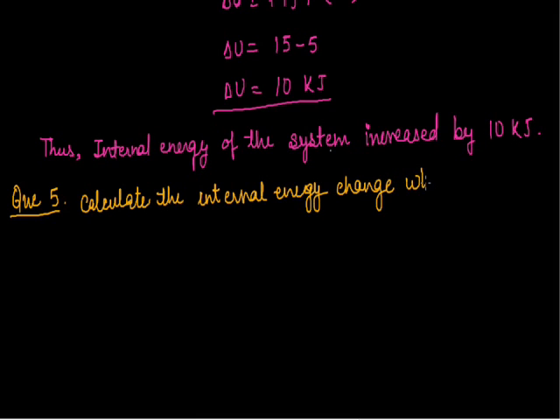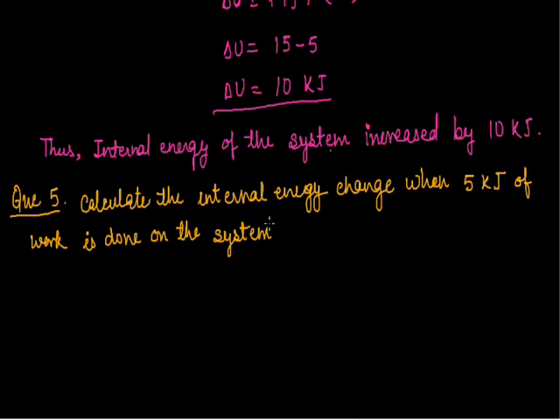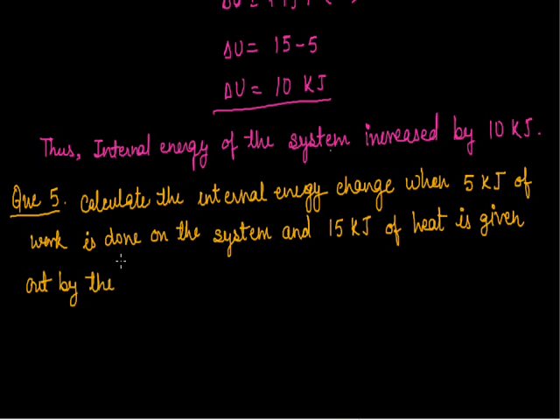Next, question number 5 is calculate the internal energy change when 5 kilojoule of work is done on the system and 15 kilojoule of heat is given out by the system.